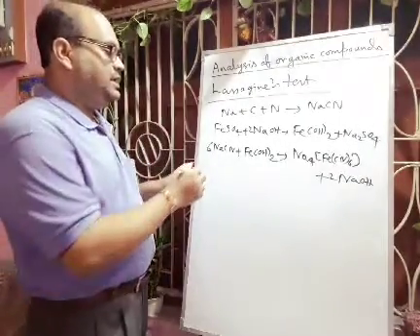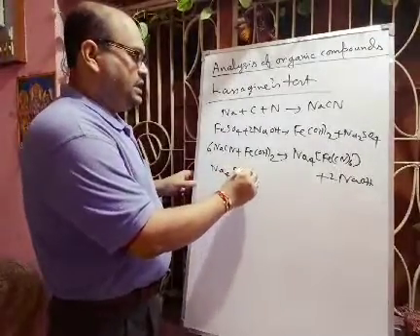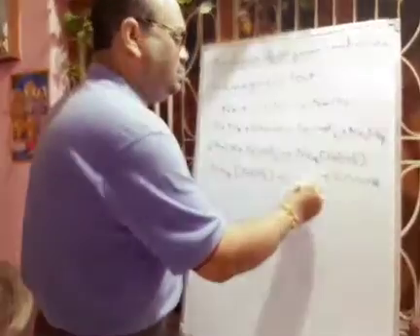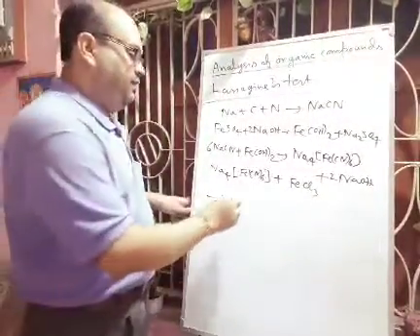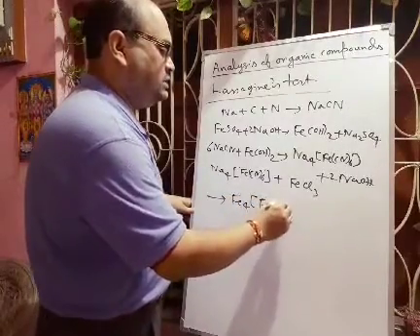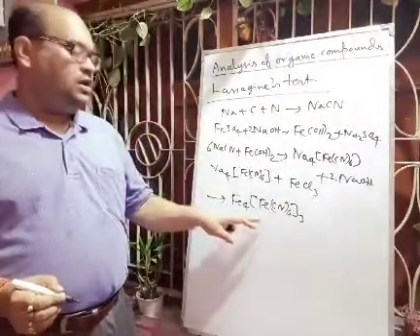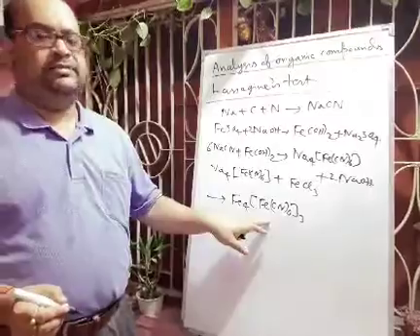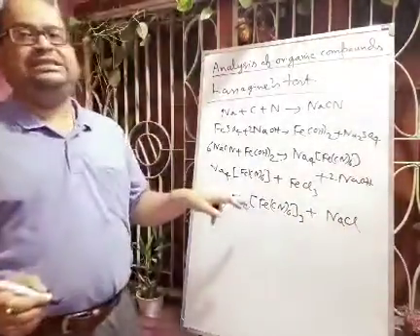So here what is happening is that this Na4[Fe(CN)6] will react with this ferric chloride, and it will form Fe4[Fe(CN)6]3. This is called ferric ferrocyanide, and there will be formation of NaCl. Now you have to balance this equation.